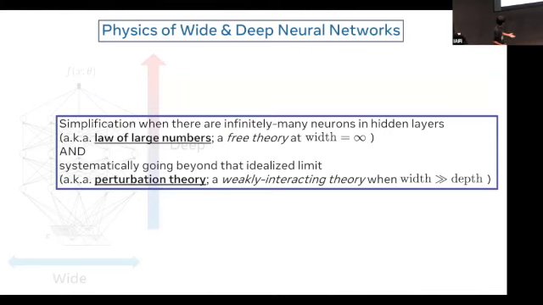I'm not going to talk about that, but the one sentence summary is that there is simplification when there are infinitely many neurons in hidden layers. Basically, the law of large numbers kicks in, and there you have a free theory at infinite width, so Gaussian processes and such, and target kernels.